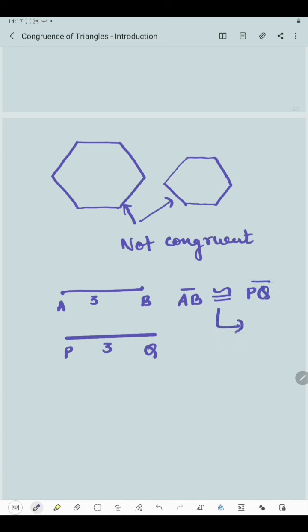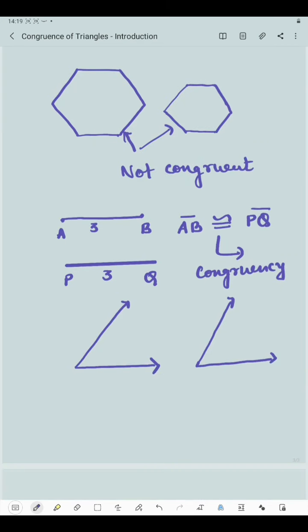So this is the symbol of congruency. Now suppose we have two angles like this with the same measure, say both measure 45 degrees. Yes, these two angles are congruent because they have the same measure.